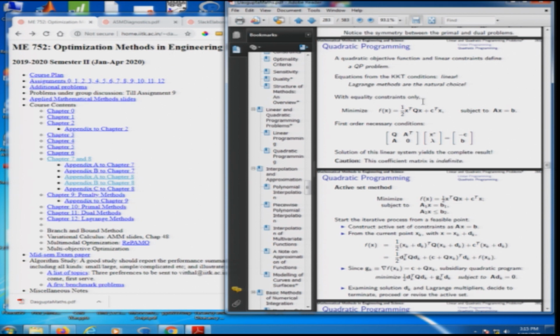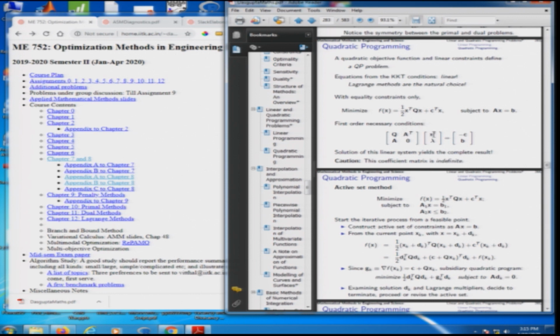So, now first we consider the situation with only equality constraints, because that is very simple. There you will have a quadratic function like this and a bunch of linear constraints like this, and then when you work out the first order necessary conditions or KKT conditions, you will find only equations, okay. And from here by differentiation you will get Qx plus c.